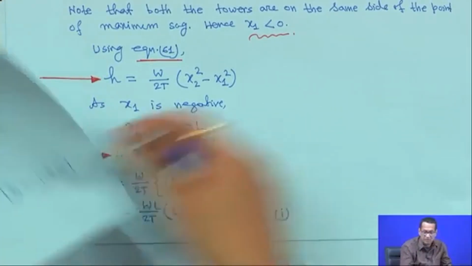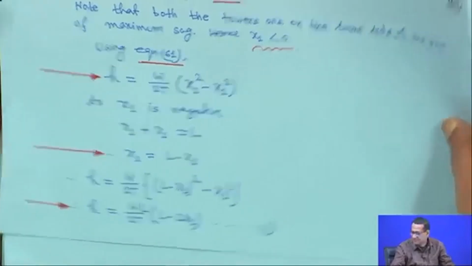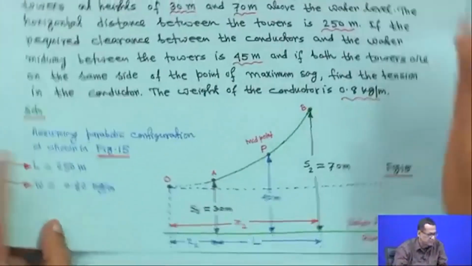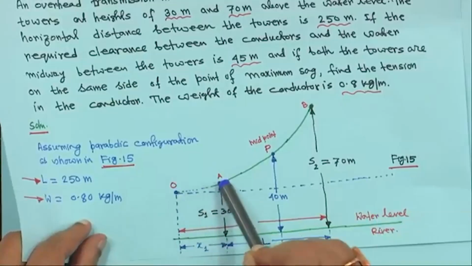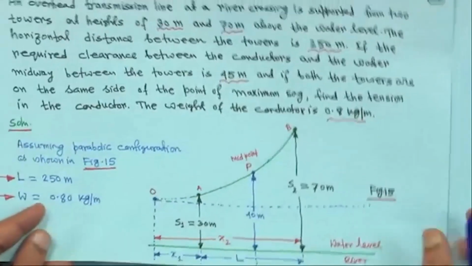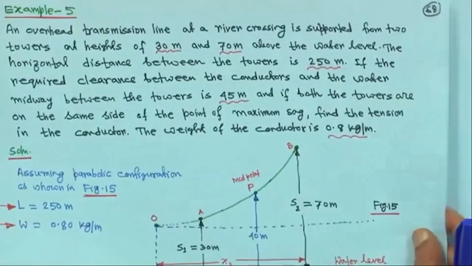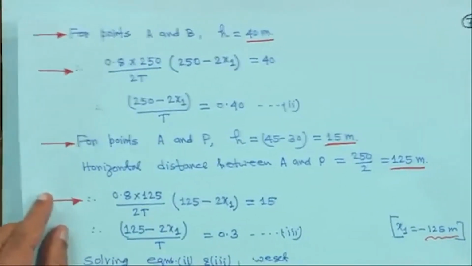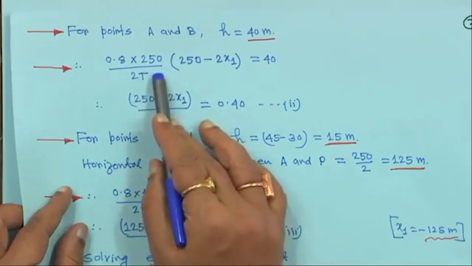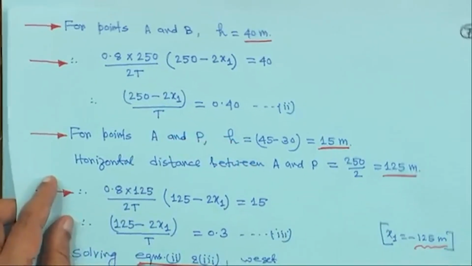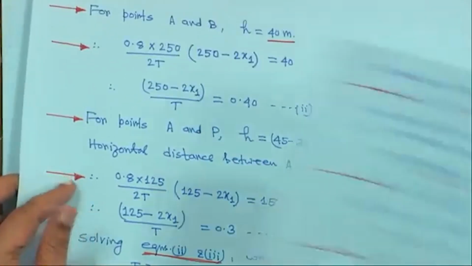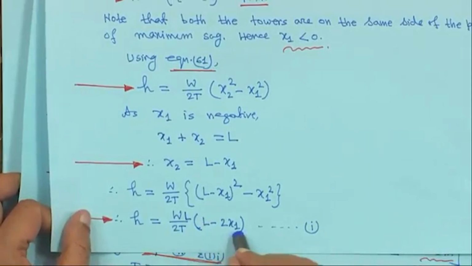Now, for points A and B, you can easily find from this diagram that H is equal to 40 meter. Therefore, H is equal to WL upon 2T into L minus 2x1.